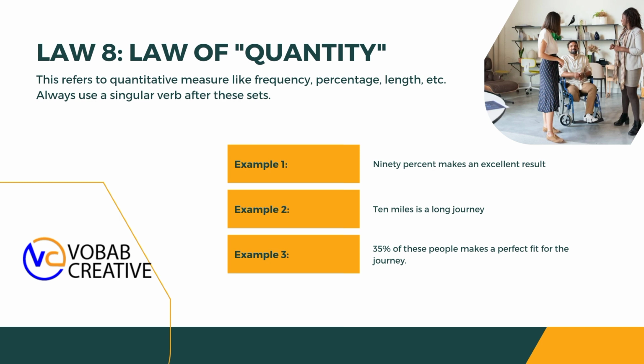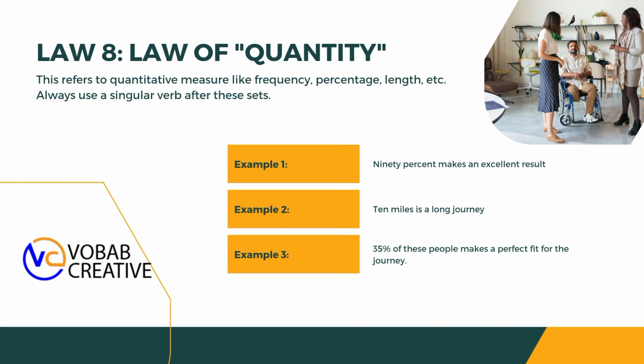So nothing like, okay, you can use either plural or singular here. No, that will not work here. That can only work in the previous law, which is the law of Bodmas. Now we are dealing with the law of quantity. Whenever anything that has to do with measurement is in the picture, a singular verb must follow.